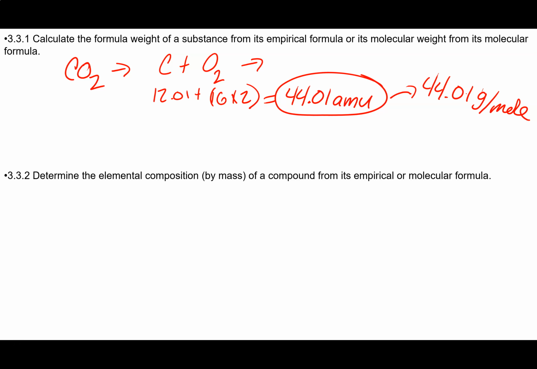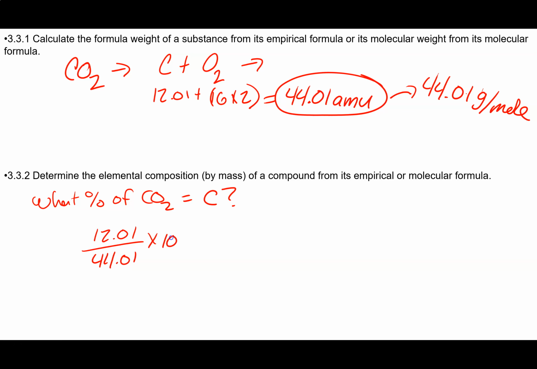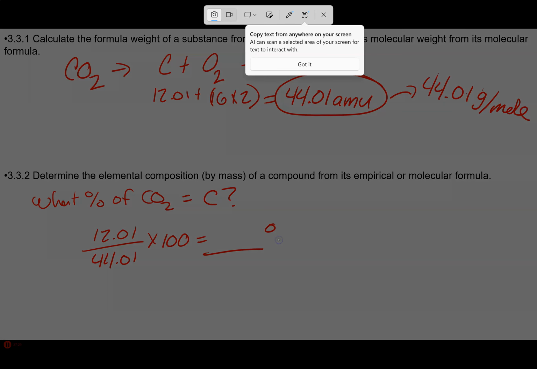Elemental composition by mass from empirical or molecular formula means if I have the CO2 from before and I want to know what percent of CO2 is carbon, I'm going to take my mass of carbon, divide by my total mass, multiply by 100%, and I'm going to get a percent of carbon.